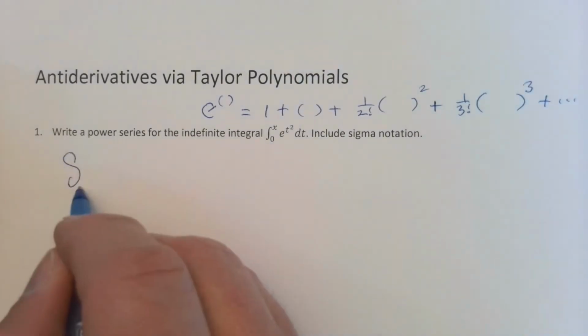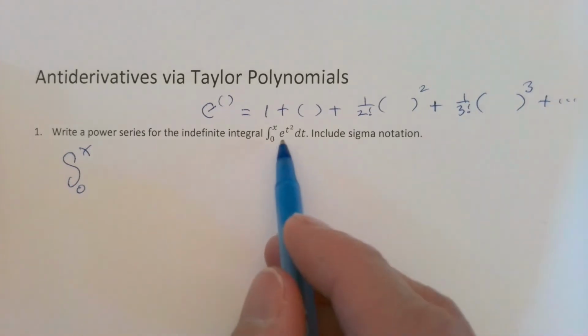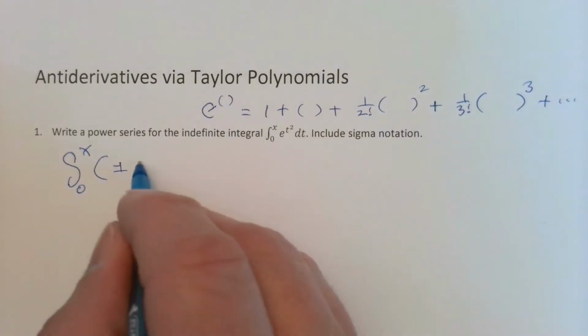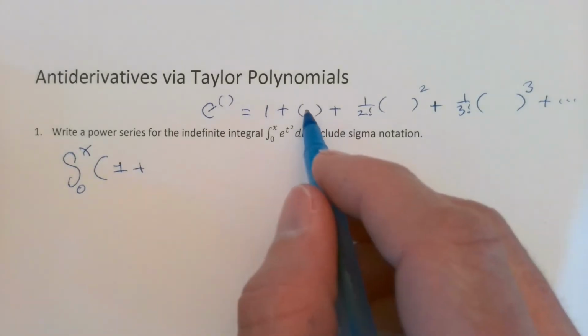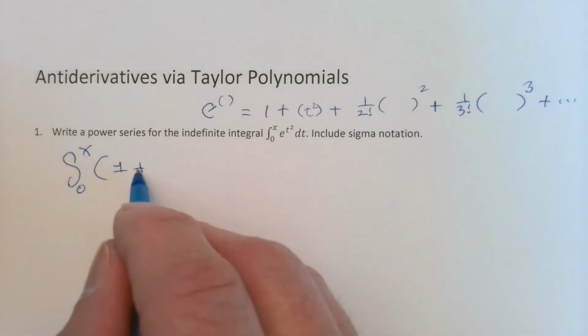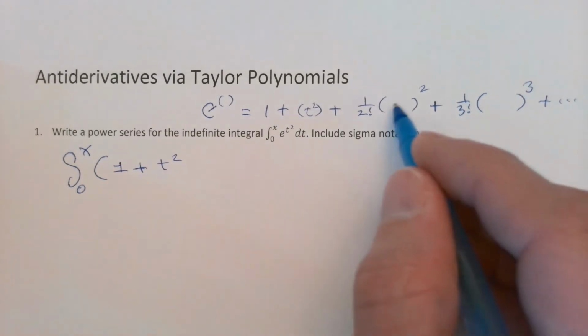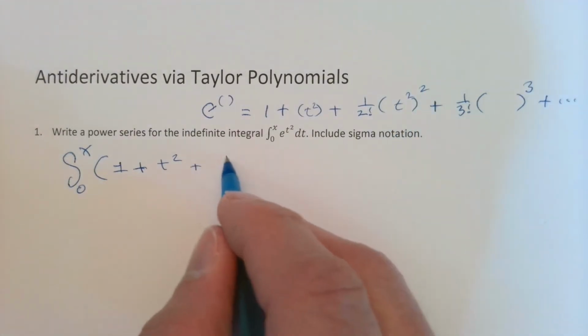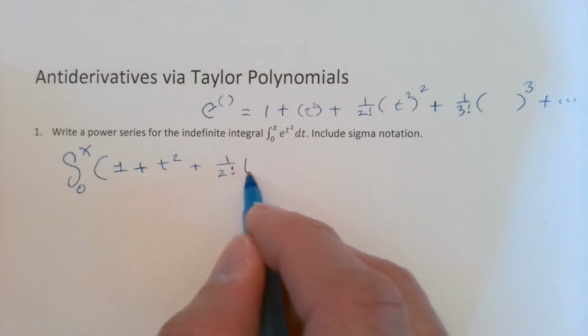I'm going to replace e to the t squared with this Taylor polynomial. 1 plus, and I'll put t squared here, so that's just t squared. I'll put t squared here, and I'll have to square t squared and get t to the fourth. So that's 1 over 2 factorial t to the fourth.